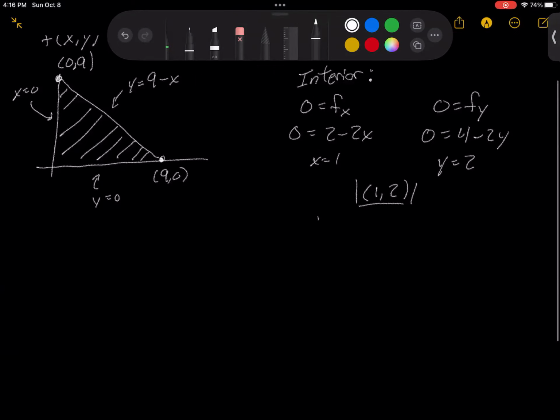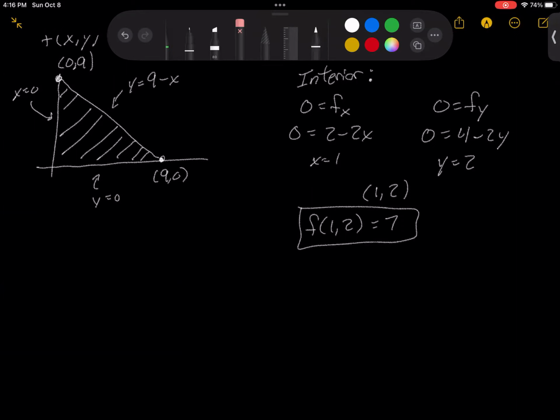So let's evaluate the function as we go. This is one potential location for the absolute extrema, and the function value here is a 7. Now that's the only interior point, but now we need to check these boundaries. So let's start with this one, on our y-axis, or when x is equal to 0.